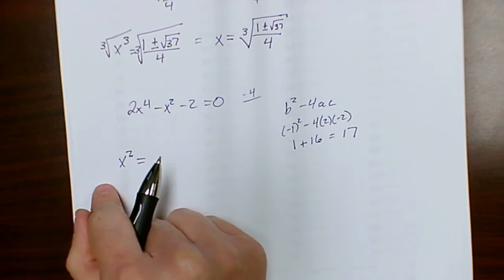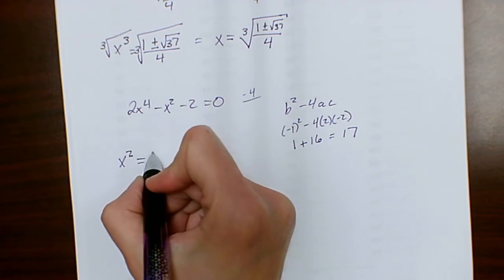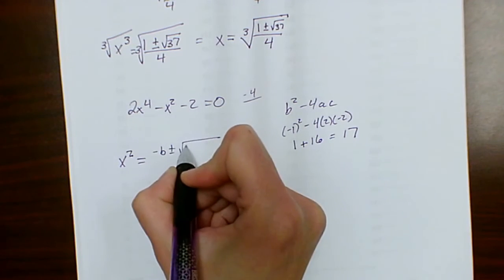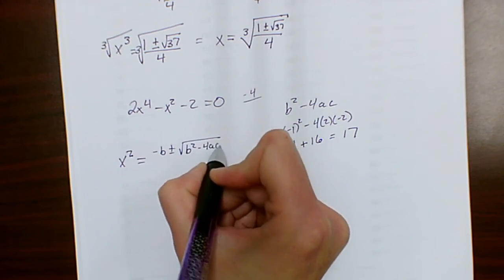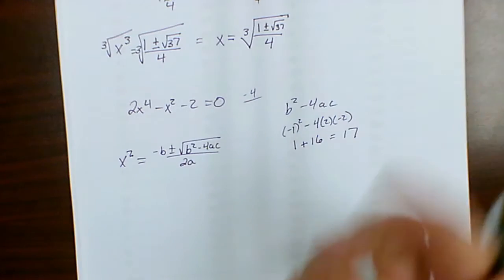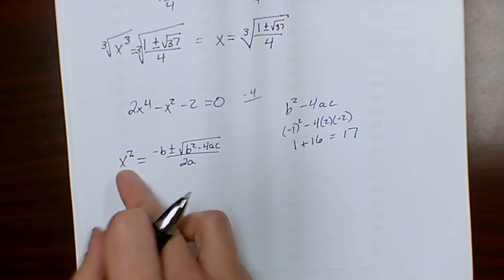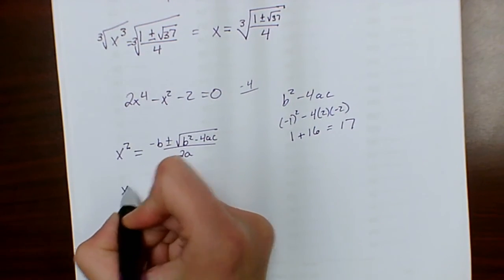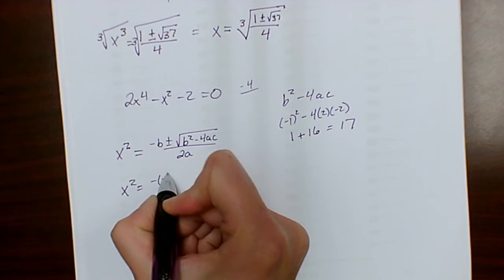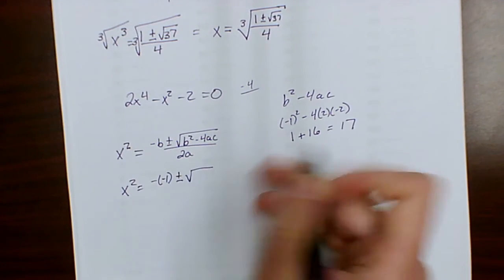Now take the middle term, that's x squared, equals negative b plus or minus the square root of b squared minus 4ac all over 2a. Same formula, just this x out in front is different. So x squared equals negative negative 1 plus or minus the square root.